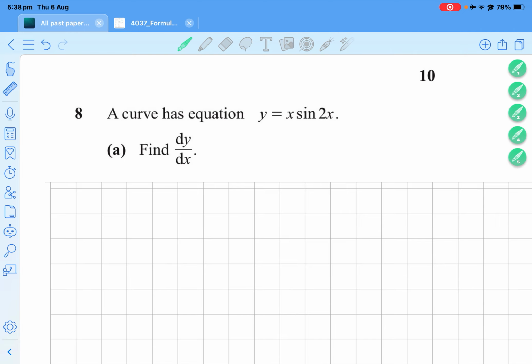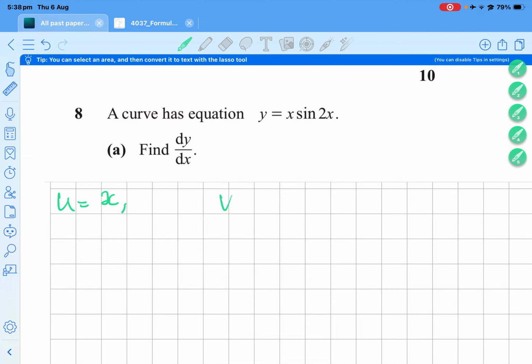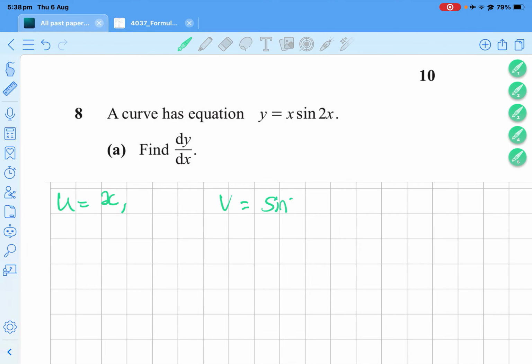So the curve has this equation. What is dy by dx? I could say that u equals x, and I would say that v equals sine 2x. So u prime is 1 and v prime is 2 cos 2x.